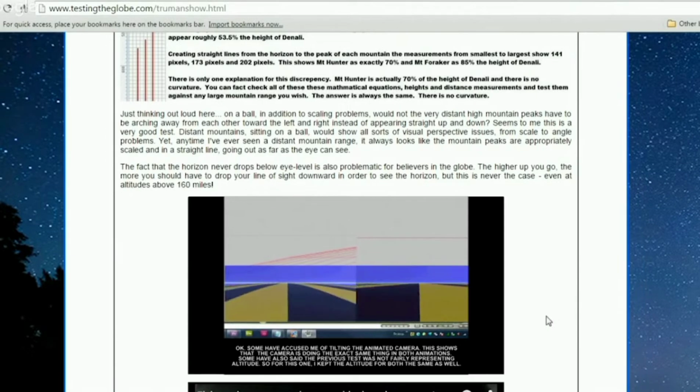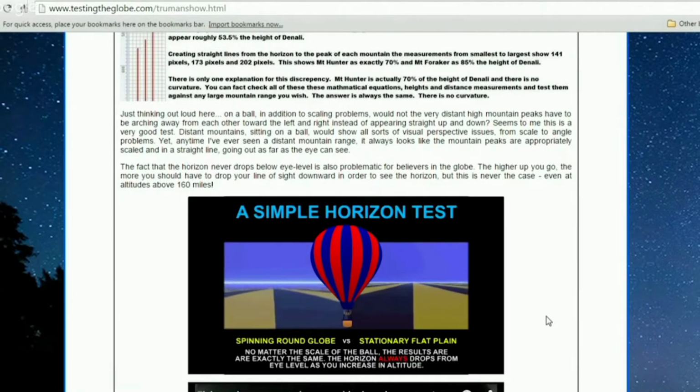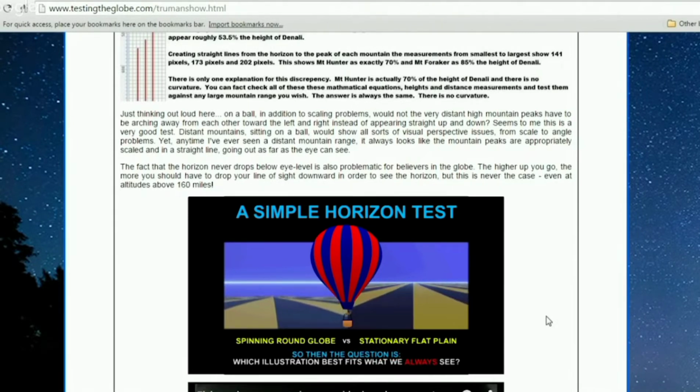And I've got a video here, a little animation that I did showing a hot air balloon going up over a very large ball or going up over a very large plane. And as it goes up over the plane, the horizon always stays the same. It stays at eye level.